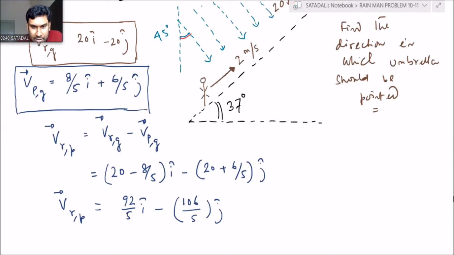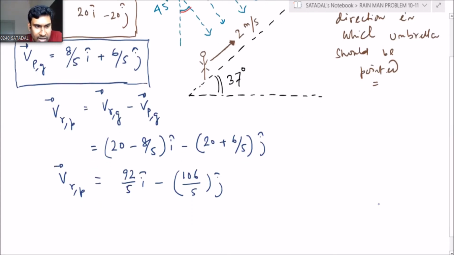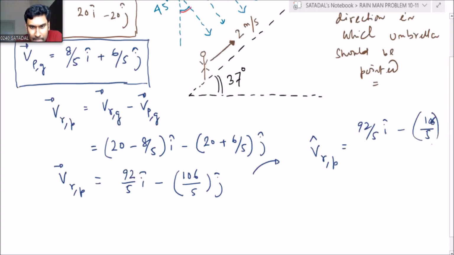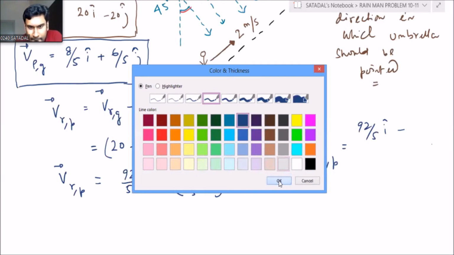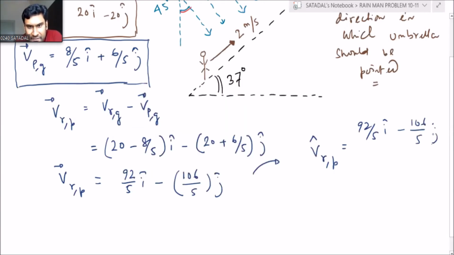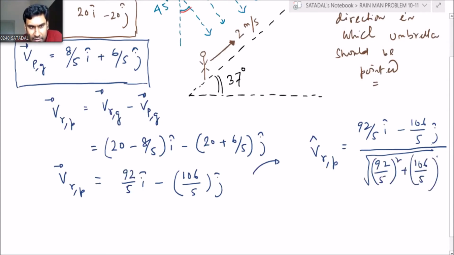So now you see, I'm going to calculate what is this unit vector. So velocity of rain as appearing to the person cap is equal to 92 by 5 i cap minus 106 by 5 j cap divided by root under of 92 by 5 whole square plus 106 by 5 whole square.